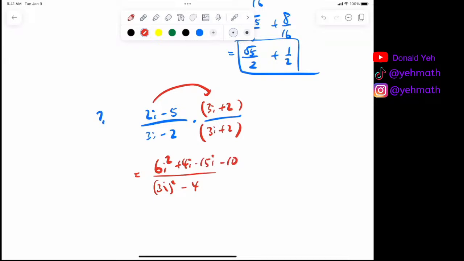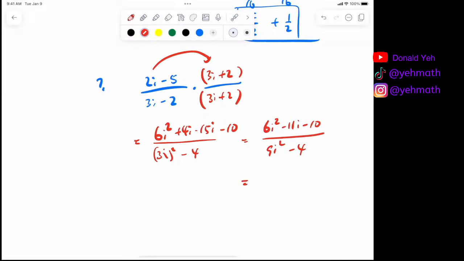And it could be just SAT questions right here. Now I'm going to talk about what is a plus bi form. 6i squared minus 11i minus 10 over 9i squared minus 4. Hopefully you have that so far. But anything i squared is -1.